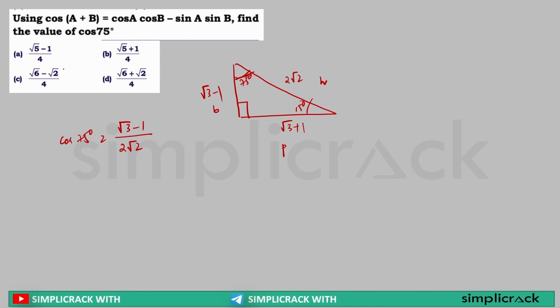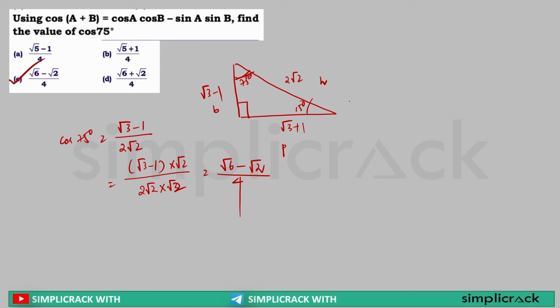Sir, here 4 is in the denominator. So what I will do? I will multiply 2 root 2 into root 2 in the denominator, and I will multiply root 3 minus 1 with root 2. So in the denominator it will be 2 root 2 into root 2, root 2 root 2 is 2, 2 into 2 is equal to 4. This will be root 3 into root 2, which is root 6, minus root 2. So the answer is root 6 minus root 2 by 4, that is option C. Clear? CGL 2023 question that we are solving.